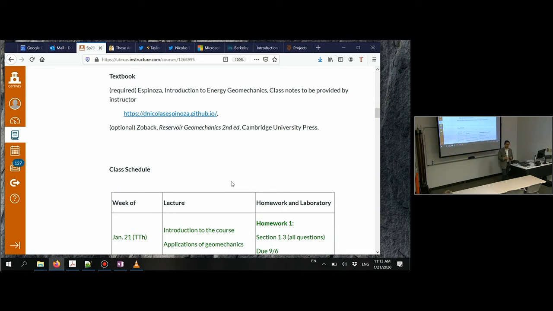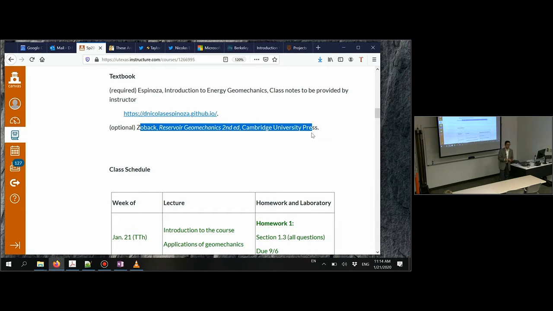But if you want to know more about geomechanics, I also encourage you to read this book, which is a very good summary about current petroleum geomechanics, and it goes a little bit beyond what we're going to see in this class. The book is a little bit advanced and you need some prior knowledge in order to understand everything. So as we proceed with the lectures, you could read some of these chapters if you're interested, or you could read it after we finish our class.